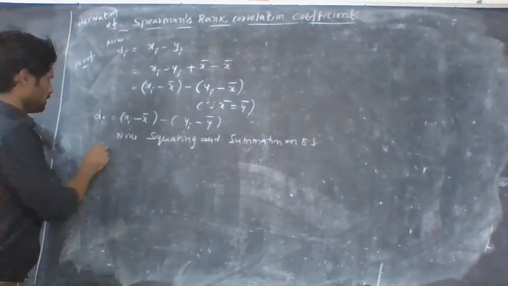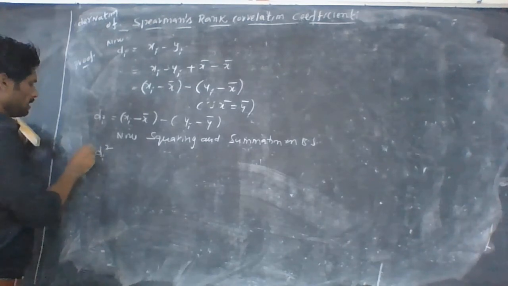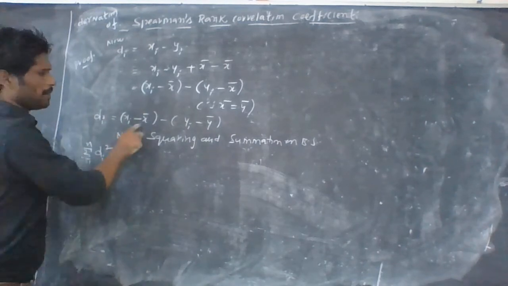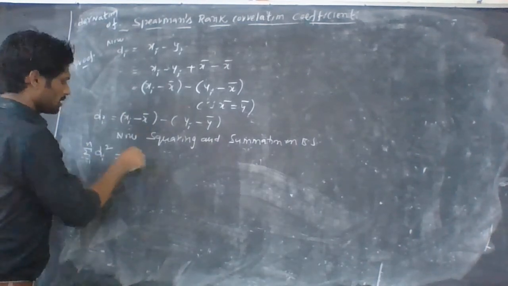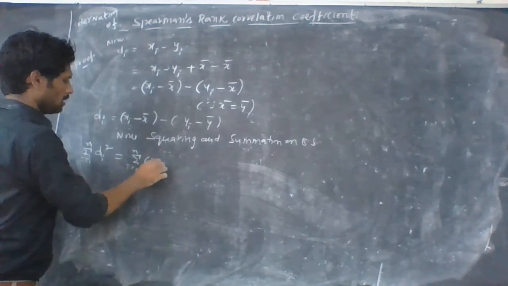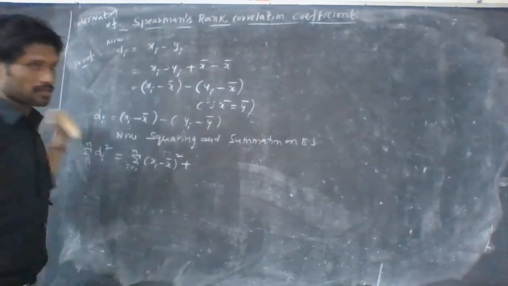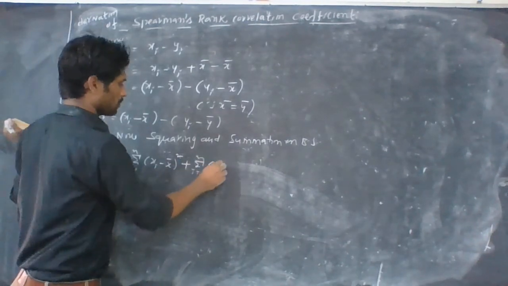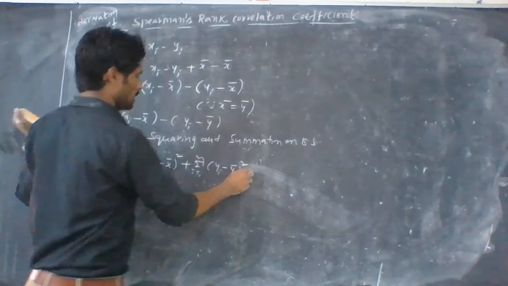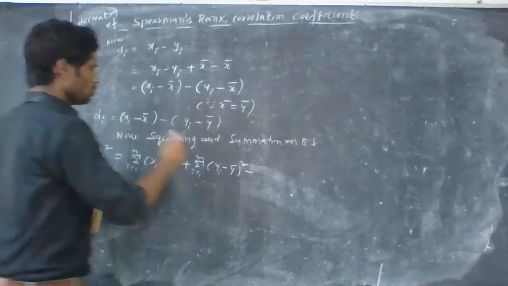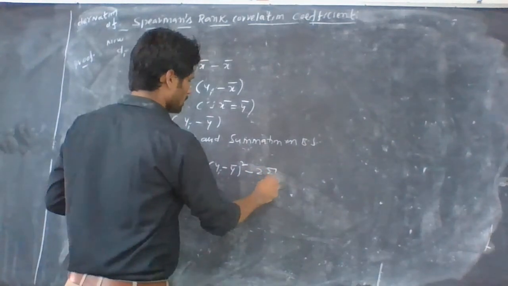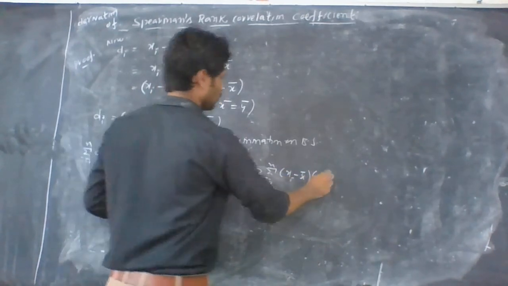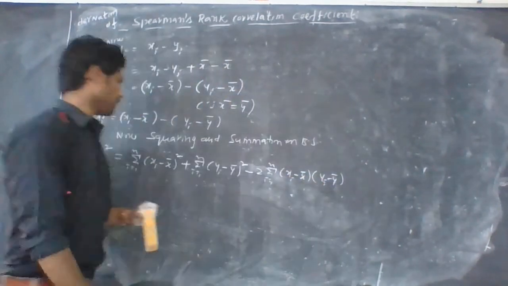Squaring and summation means summation i equals 1 to n of di square, and again using the (a minus b) whole square formula, a square: summation i equals 1 to n of (xi minus x bar) whole square, plus summation i equals 1 to n of (yi minus y bar) whole square, minus 2ab: 2 into summation i equals 1 to n of (xi minus x bar) into (yi minus y bar).